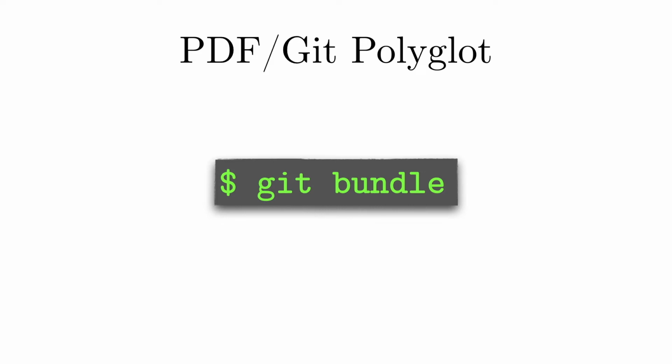The git bundle command can take an entire Git repo or a subset of a repo and bundle it into a single file. And the intention behind this is to be able to take that file, sneaker net it across an air gap, and then you can actually run the git clone command on that file, and it will clone a repo as if you were cloning from a URL or a path.